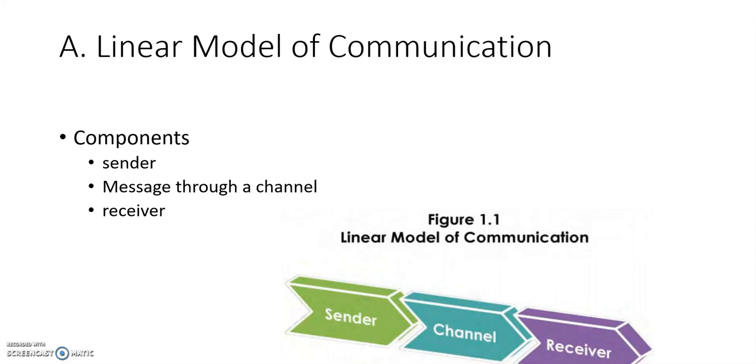And this is the first model of communication from almost 100 years ago now, 80 years ago or so. And it was a pretty simple line. It said that communication has a sender, and then a message that goes through the channel, and then a receiver. You can see it's called the linear model because it's a 1, 2, 3 line. It describes how communication happens.